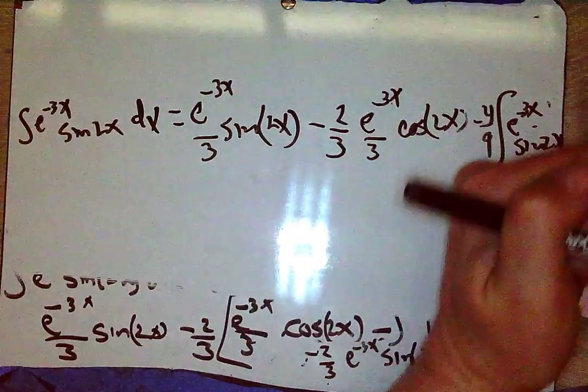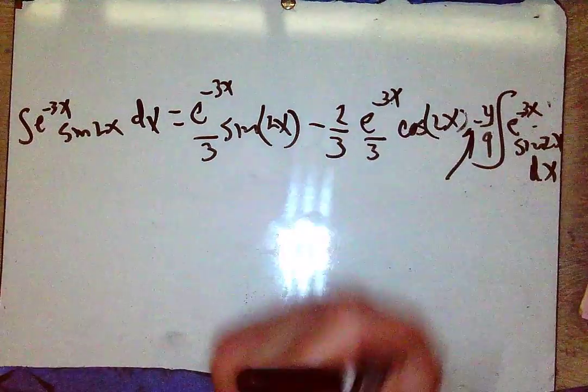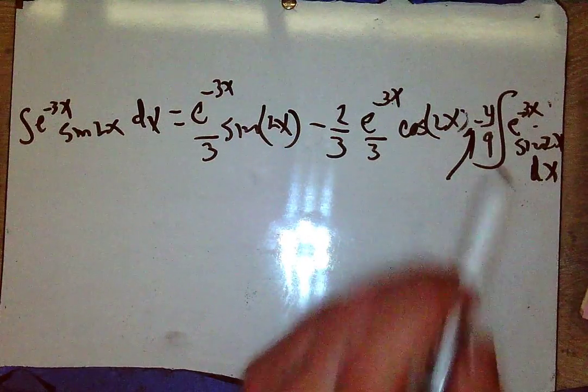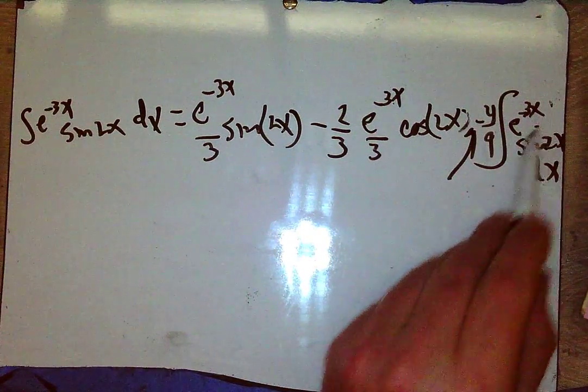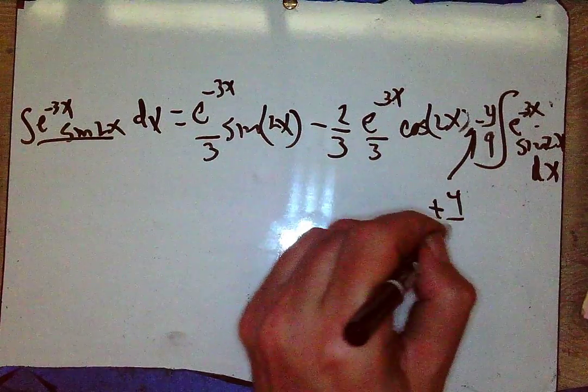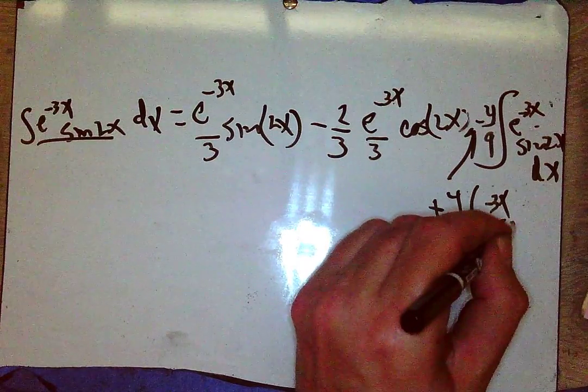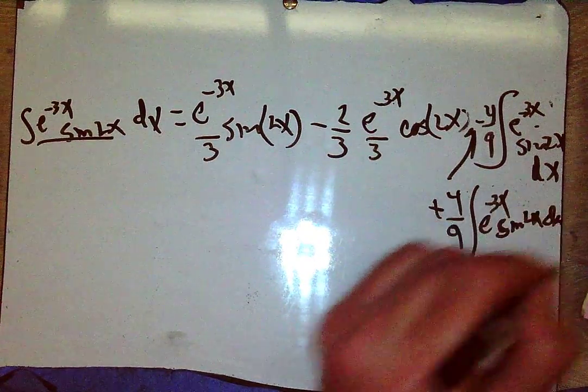Whoa! All right. Now, I stopped the first time because I didn't have a minus here. So now, this e to the minus 3x sine 2x is that. So I'm going to add 4/9 e to the minus 3x sine 2x dx to both sides.